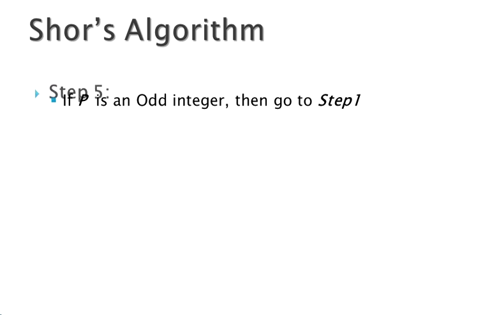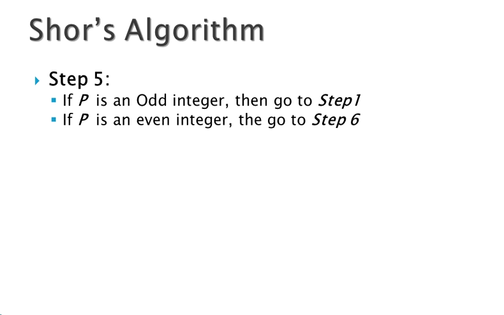If the integer p is odd, then we have to go back to step 1 and start afresh. But if p is even, then we can move to step 6.